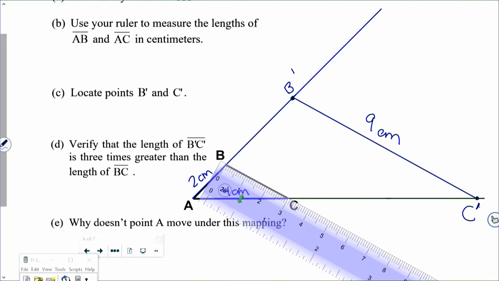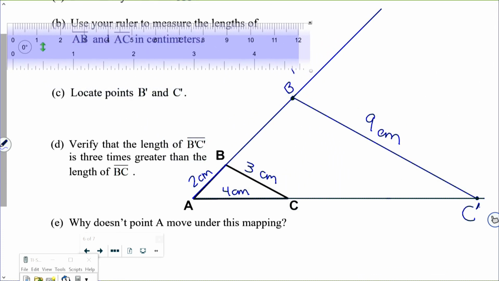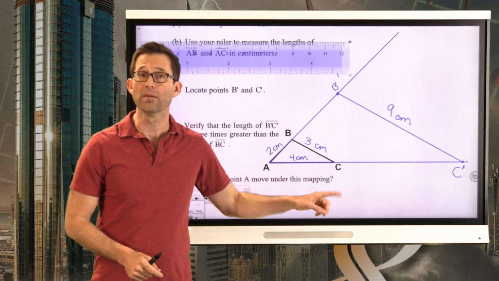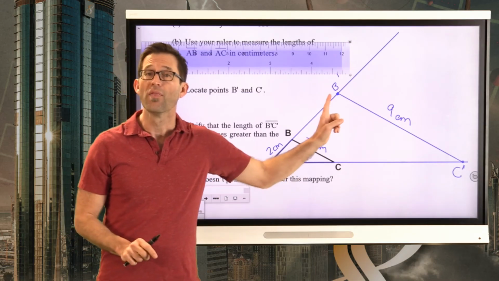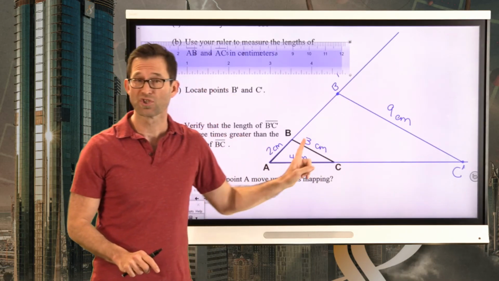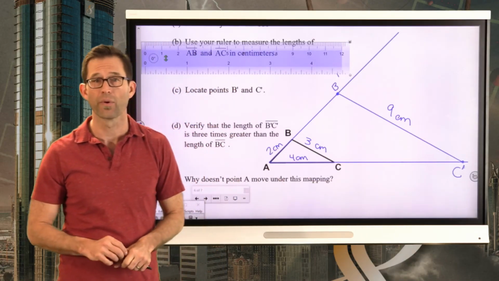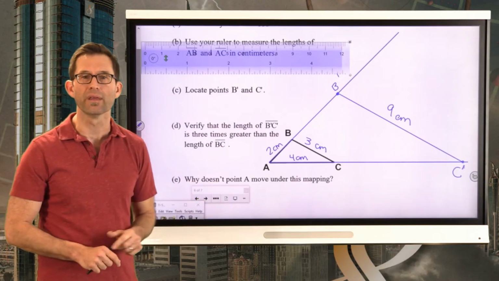And that, not surprisingly, was 3 centimeters long. Showing us, yet again, that even though we dilated point B and point C by a factor of 3, kind of independent of one another, the distance between them, which started as 3, also got scaled up by a factor of 3.